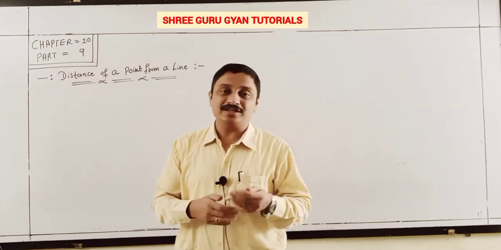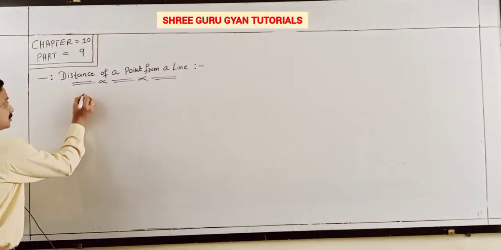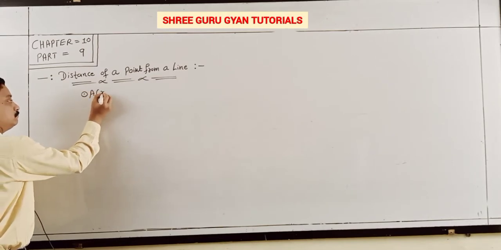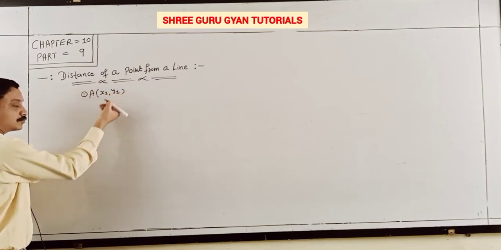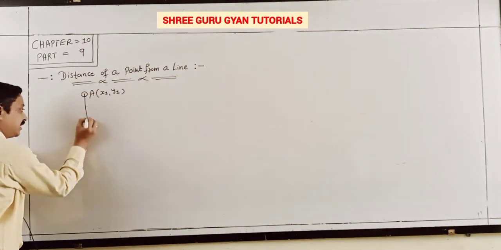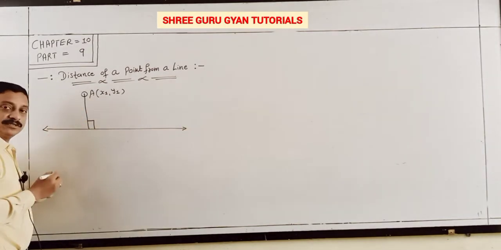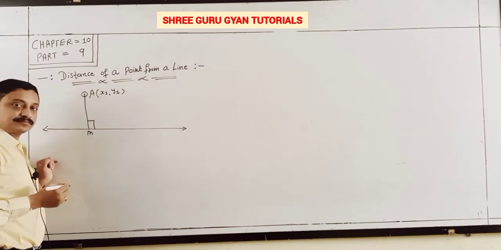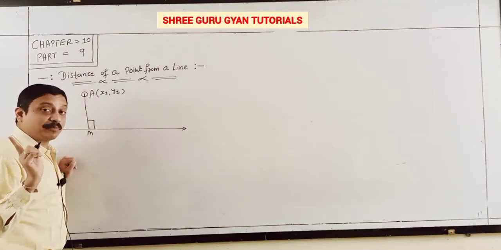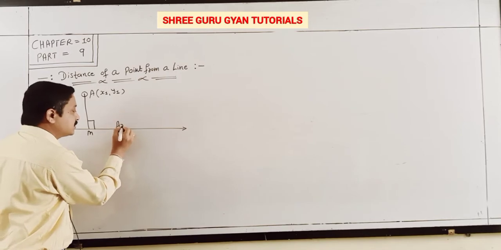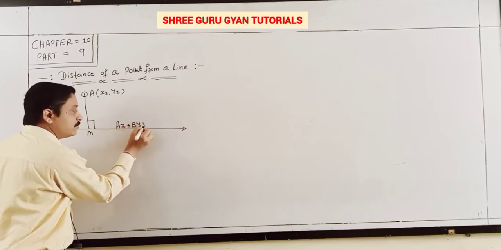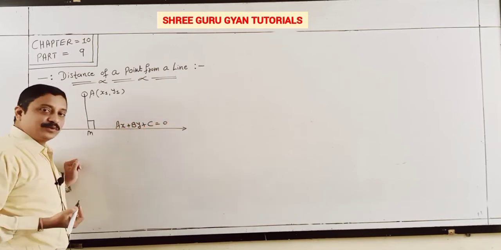So here consider one of our points A, x1 y1, any point outside the line, and this is the line. You draw a perpendicular to it. Consider M the point, where M is the foot of the perpendicular and the line is ax plus by plus c equal to 0.